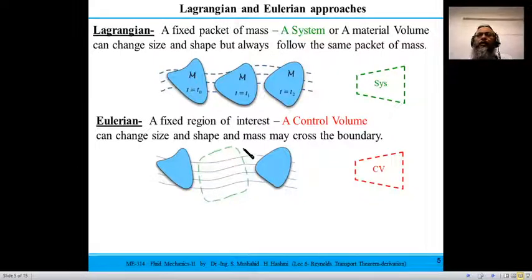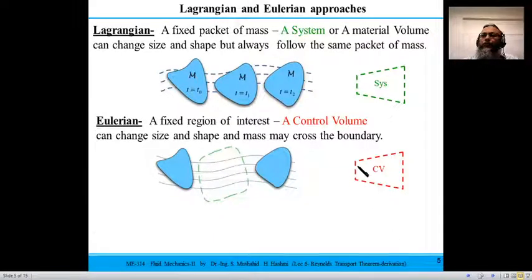Here we focus on a volumetric region, and new fluid particles keep coming in and leaving. This approach is called the Eulerian approach, because we have a fixed window and observe that at every instant new fluid particles come into that region. That would be called a control volume.